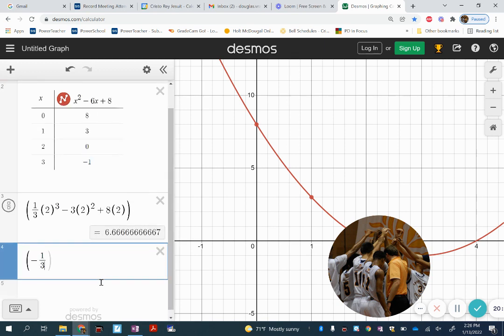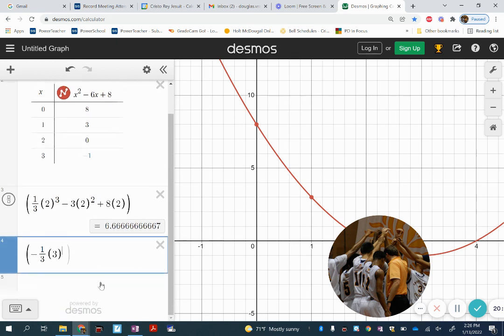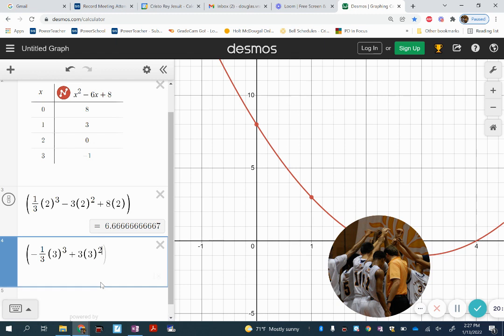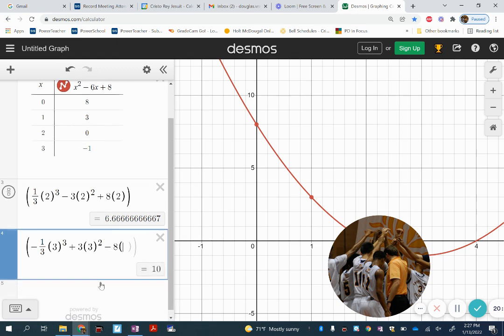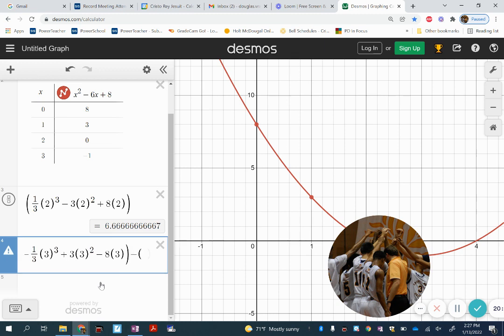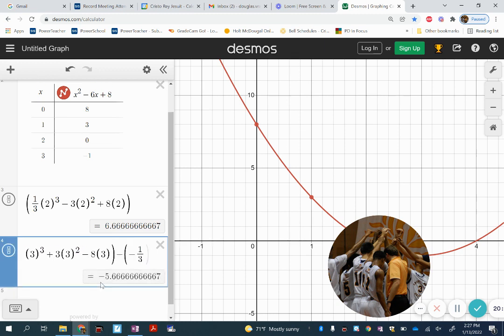So negative 1/3 times 3 cubed plus 3 times 3 squared minus 8 times 3, minus negative 1/3 times 2 cubed plus 3 times 2 squared minus 8 times 2, right?